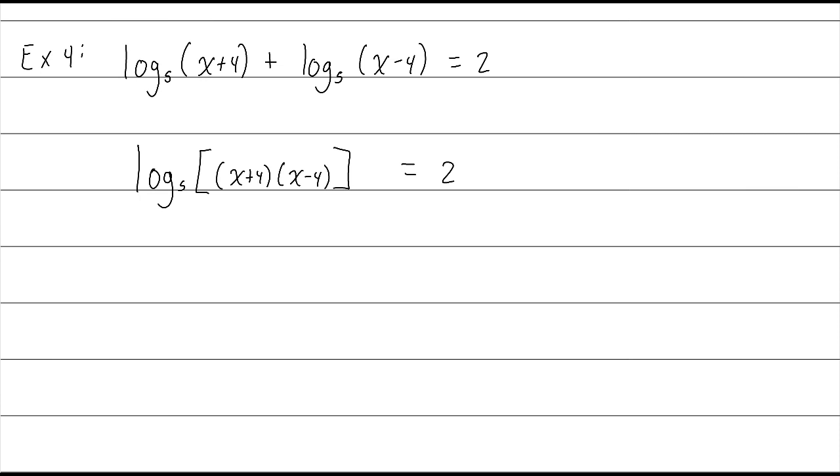Okay, and x plus 4 times x minus 4, that's a difference of squares. I can actually just multiply that out and get x squared minus 16. So log base 5 of x squared minus 16.